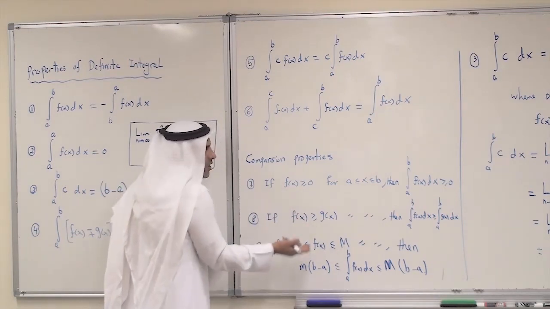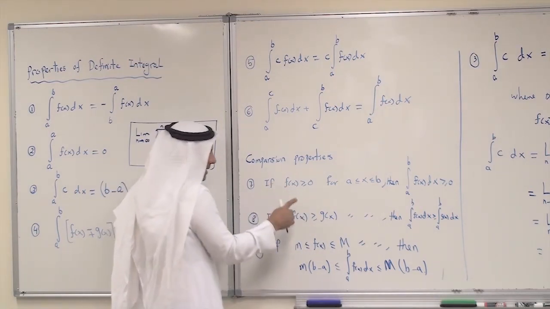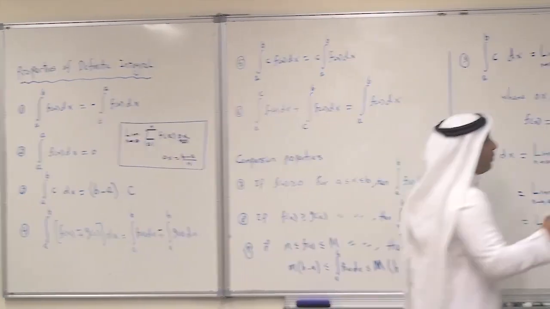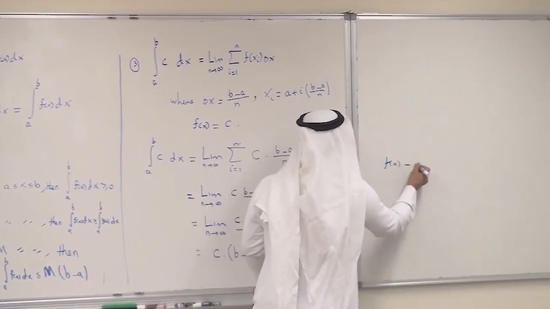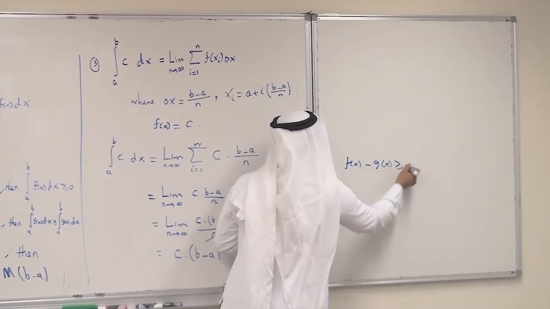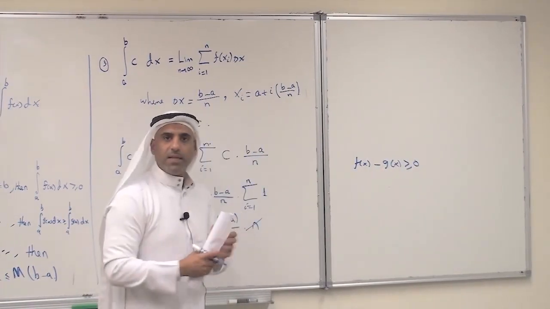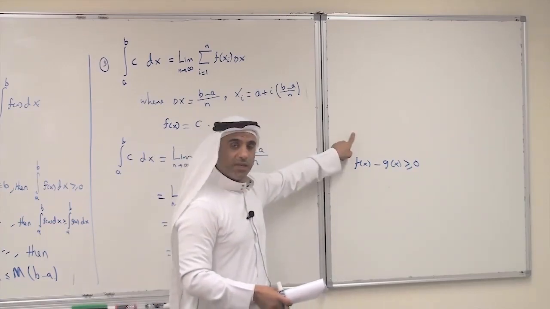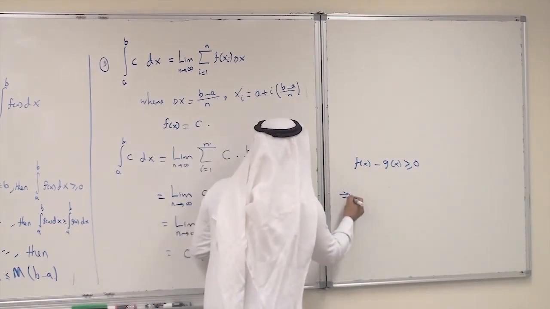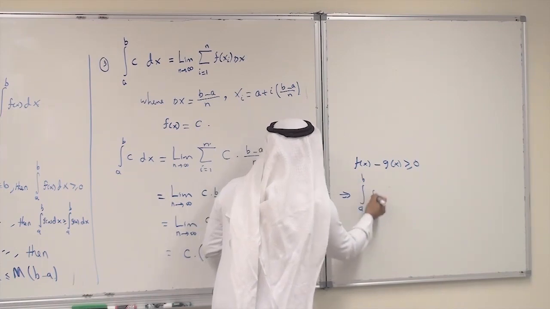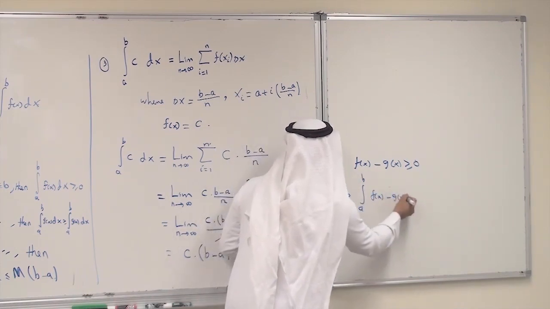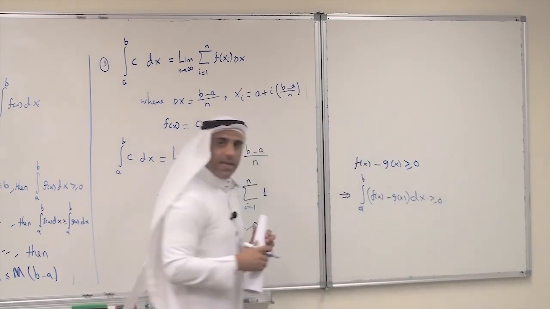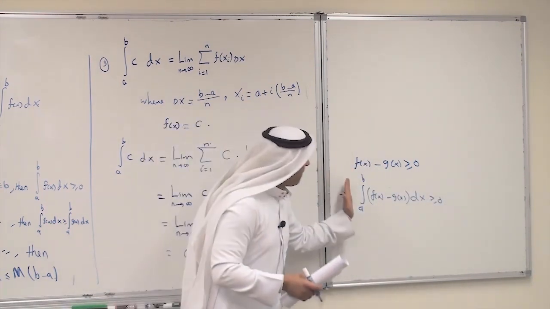The second one is so simple from the first one, because if f of x is greater than or equal to g of x, what do we have? We will have f of x minus g of x greater than or equal to what? 0. Then we apply part A. We just take the integral from a to b. So that will give me the integral from a to b of f of x minus g of x, all of this dx, greater than or equal to 0 using part A. Then we apply the properties.